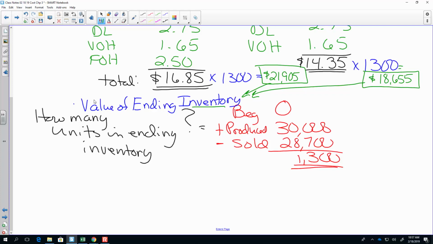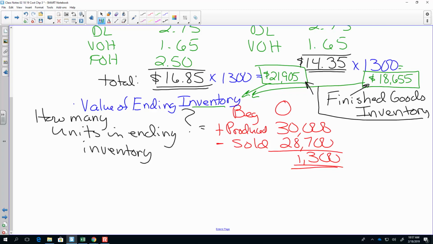So these two numbers are the finished goods inventory amount. GAAP statements have to have what number on it? GAAP requires the 21,905 to be on it, right? Absorption. Very good.